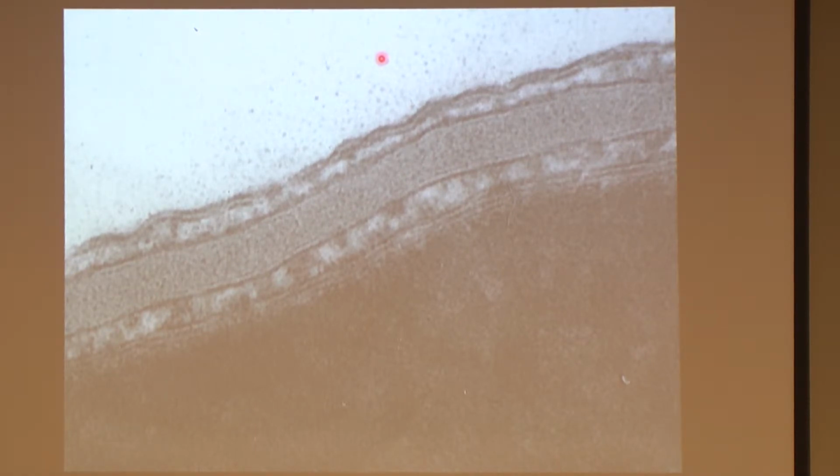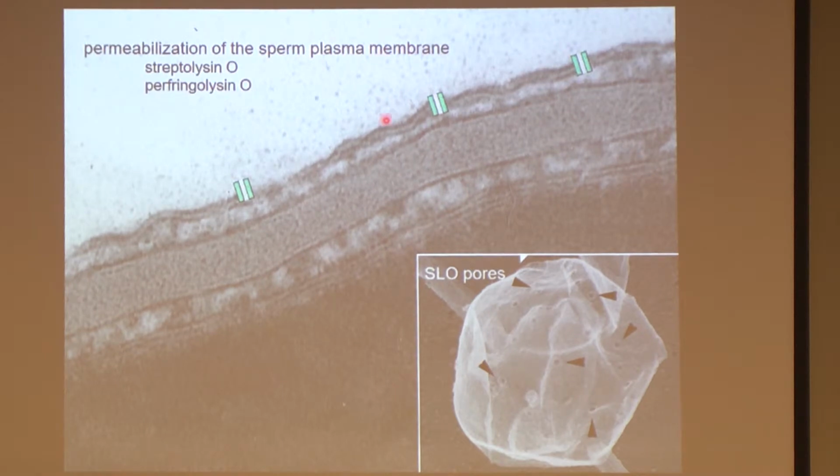Our strategy was to make holes in the plasma membrane using a couple of toxins, streptolysin O or perfringolysin O. This opened these nice pores. Through these pores, we can introduce recombinant proteins, antibodies, and all kinds of stuff to manipulate the fusion machinery.